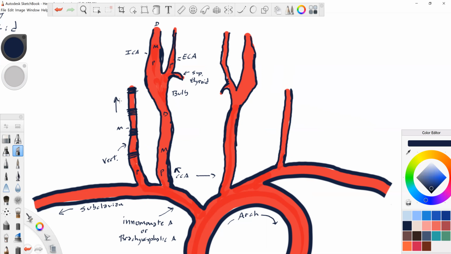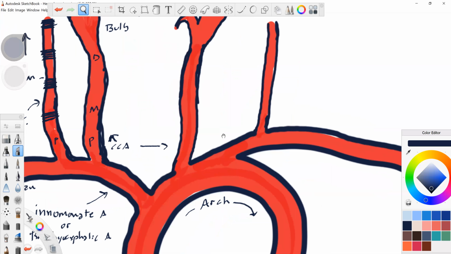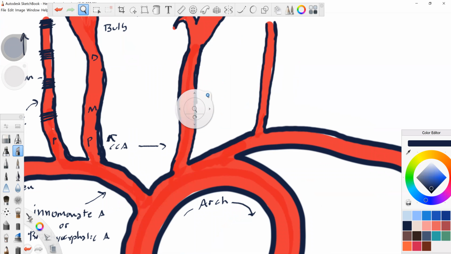So let's go ahead and talk about a subclavian steal right now. What happens with that? Well, with a subclavian steal, you notice how I said there are certain places where people get plaque. We don't get plaque in our arms. We very rarely do anyway. It's an unusual place.